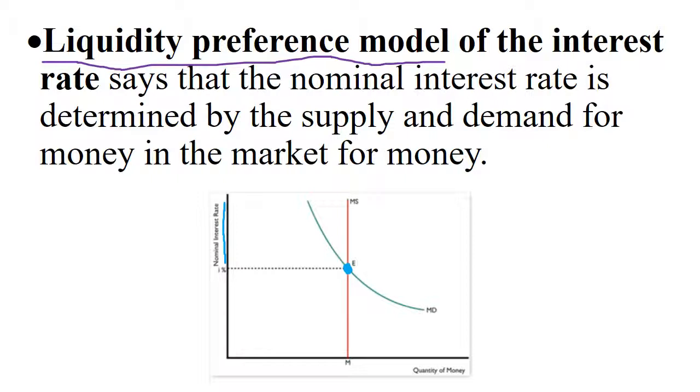Because remember, money, cash is liquidity. Your demand for money is, do you prefer money in the bank or do you prefer money in your wallet? So just be aware that money market and liquidity preference are the exact same thing. So if you're asked on a multiple choice question about something, or if you're asked to draw one, you're aware that those are the same model.